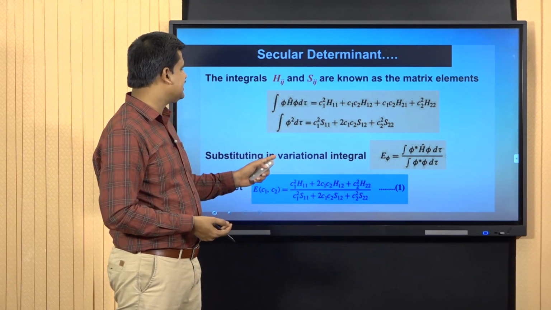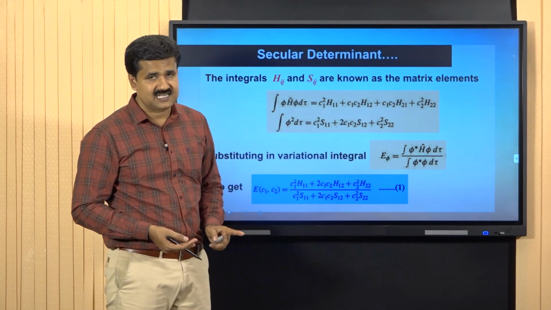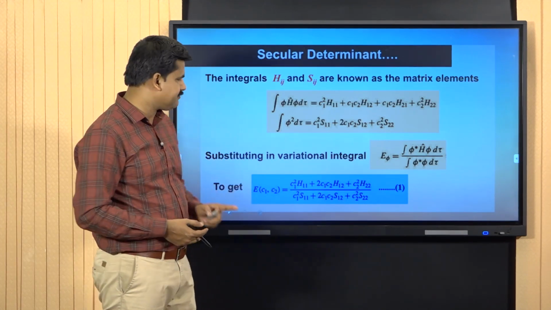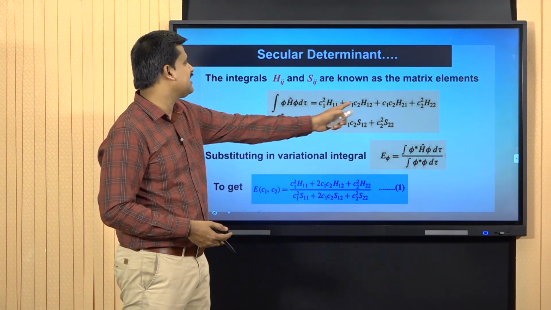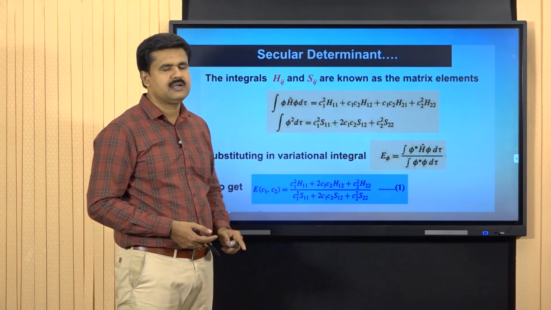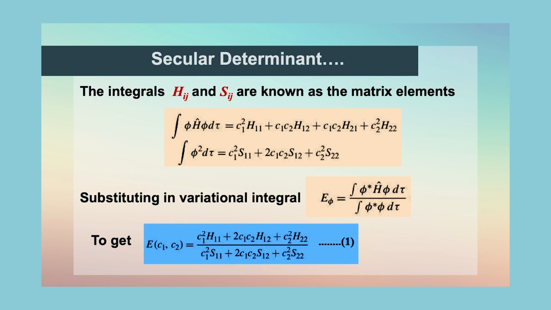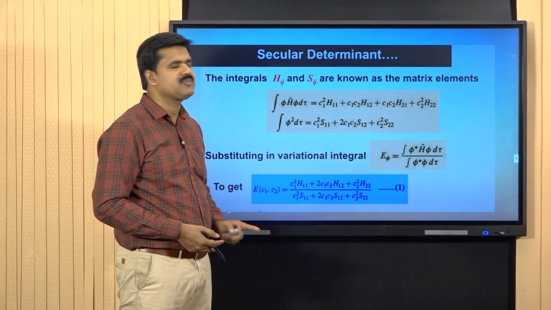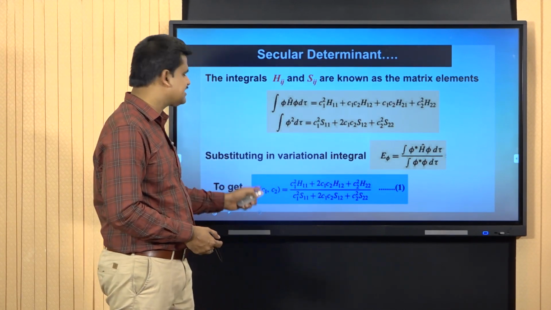On putting in their values, we get the final value of the variational integral as well as the energy of the system. The energy E(C1, C2) is equal to the numerator, C1 square H11 plus 2 C1 C2 H12 plus C2 square H22, divided by the denominator, C1 square S11 plus 2 C1 C2 S12 plus C2 square S22. We are getting this energy.